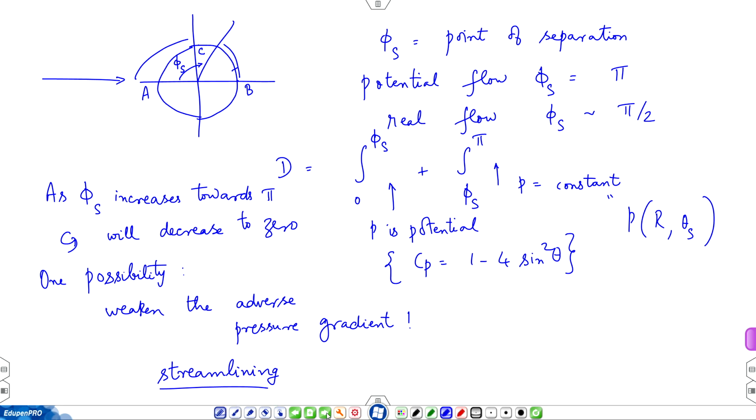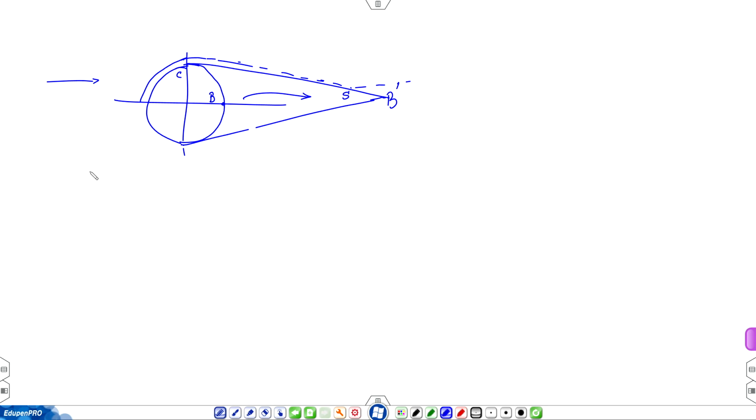So, delaying the point of separation, this process of delaying the point of separation, weakening the adverse pressure gradient is called streamlining and gives rise to what you may have heard of already.